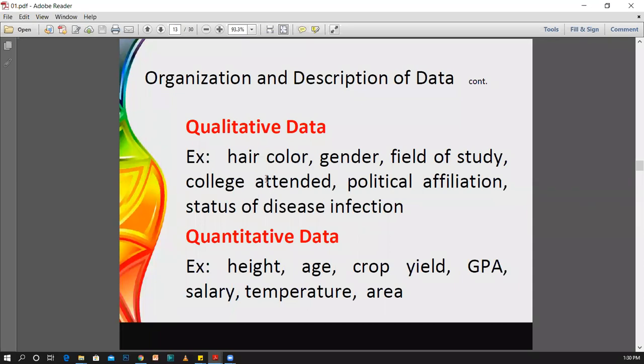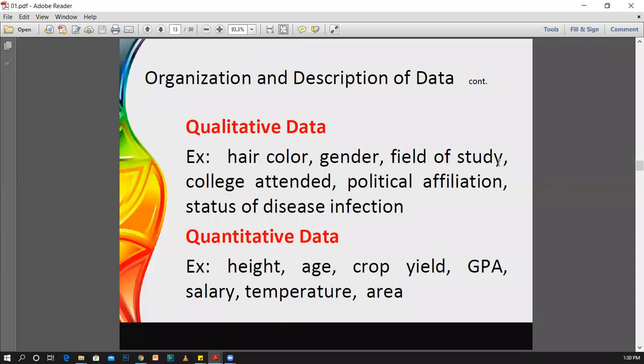For the qualitative data, you can have hair color, gender, field of study, college attendant, political affiliation, status of disease, infection. If you consider the variable hair color, then you can have white, black, brown, red, likewise so many categories. If your variable is gender, then you can have male and female, again two categories.